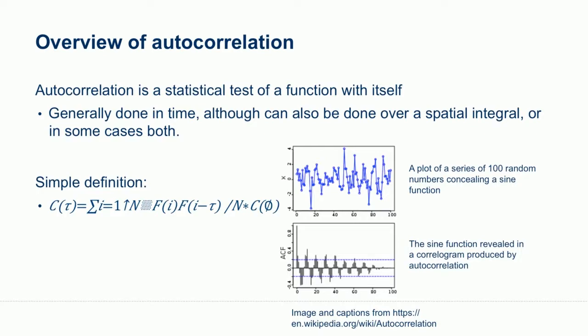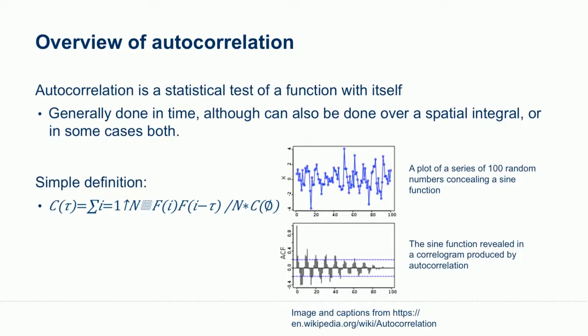Okay, so the analysis itself that we're going to do with this mini app is autocorrelation. It's a statistical test of a function with itself. It tells you how much a function matches itself. It's applied through time, but it can be done over space, or both.